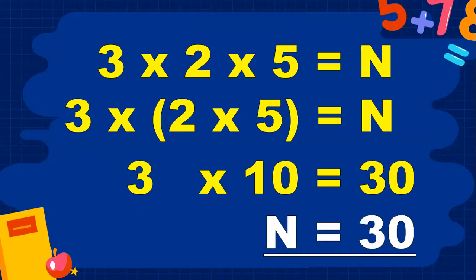So n is equal to 30. Therefore, 3 times 2 times 5 is equal to n, that is equal to 30. As we compare to the group a while ago, they have the same products. Even if the group changed, the product remained the same. That is associative or grouping property of multiplication.